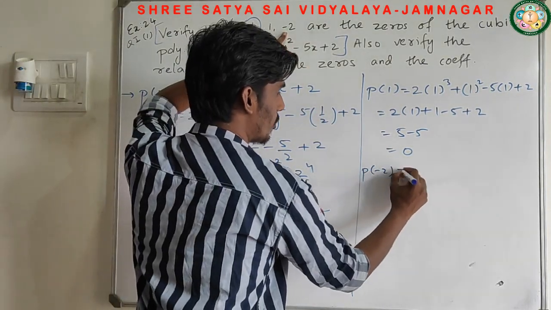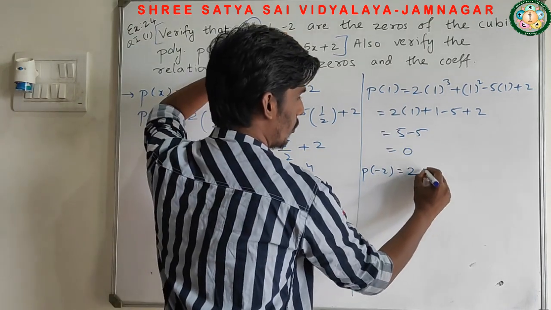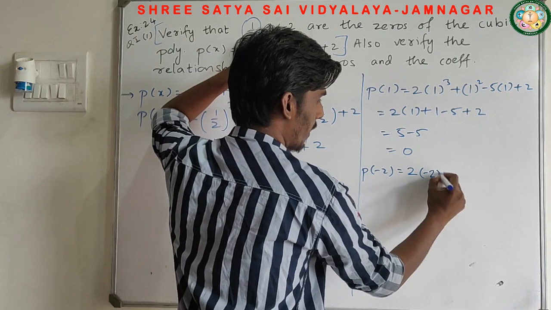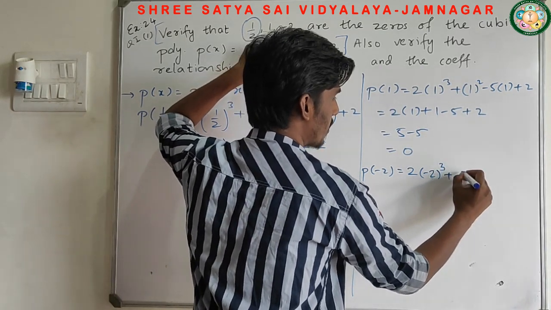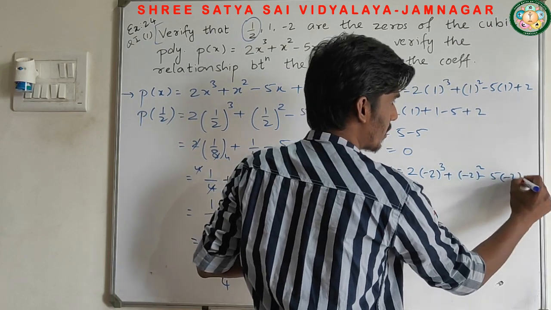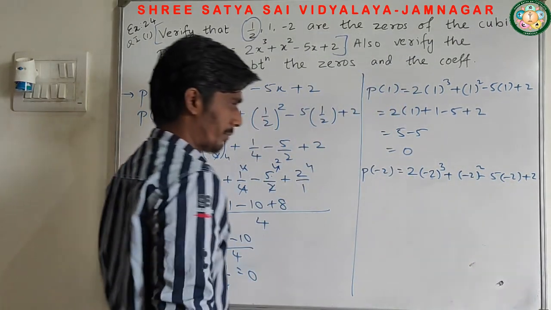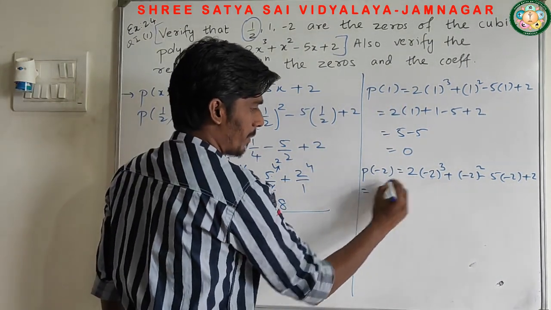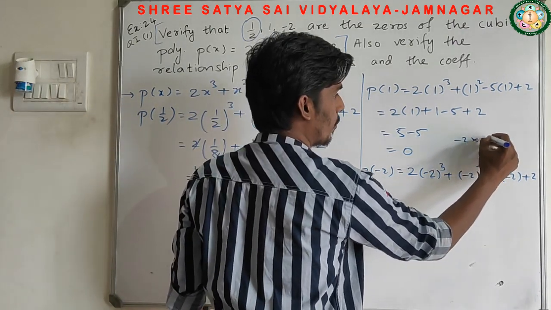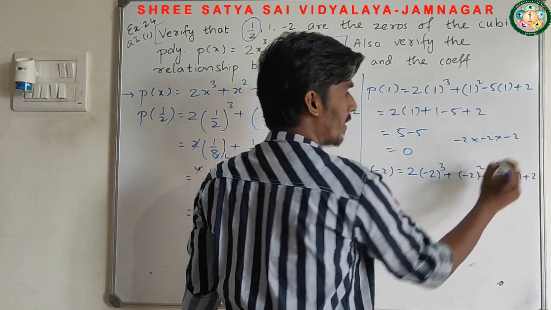Similarly, we can do this with minus 2. P of minus 2. 2 into minus 2 cube plus minus 2 square minus 5 into minus 2 plus 2. Open this bracket. Minus 2 raised to 3 is minus 2 into minus 2 into minus 2.